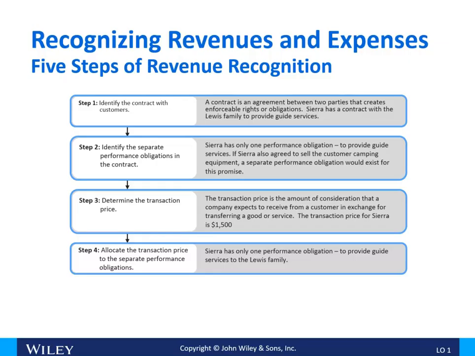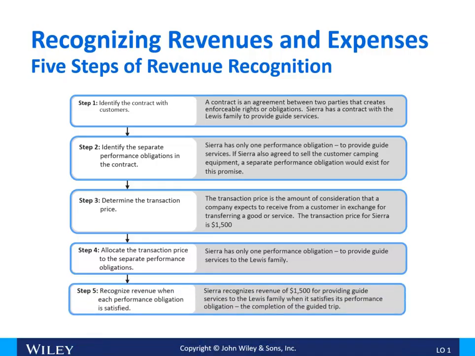In this case, they only have one performance obligation, so it all goes to that. And finally, recognize revenue when each performance obligation is satisfied. Once the guide trip is complete, that's when Sierra can recognize the $1,500 revenue for this contract.